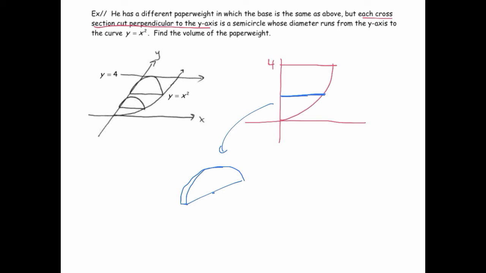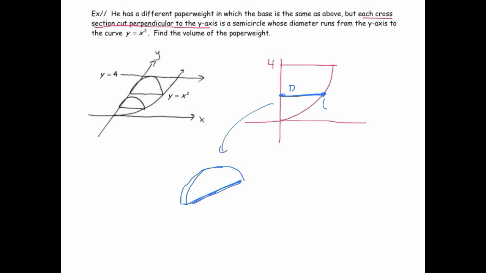So that means that this distance right here is the same as this distance here. We'll call that d, and that is just this x-coordinate minus this x-coordinate, which is 0. But since I drew a horizontal rectangle, I need to write this point in terms of y.